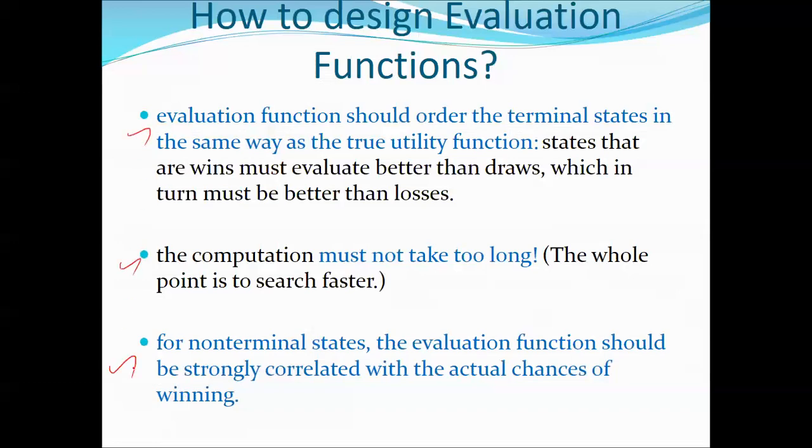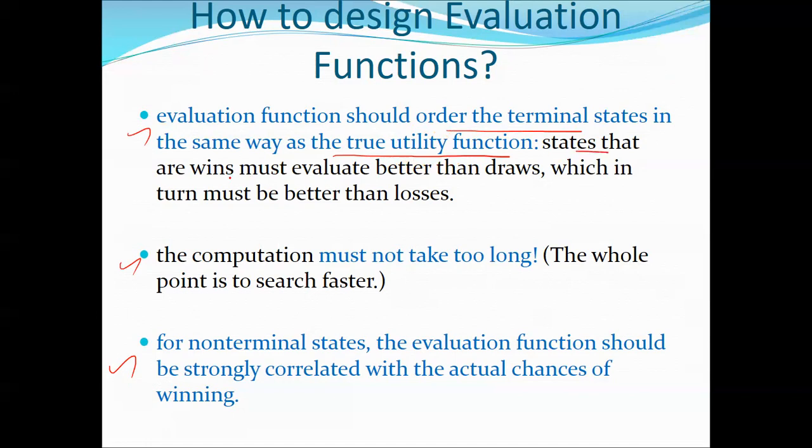The evaluation function should order the terminal states in the same way as the true utility function. Here, ordering does not mean the ordering of the tree, but it should give more priority to winning than to draw and loss.